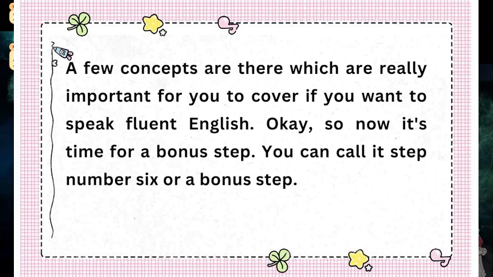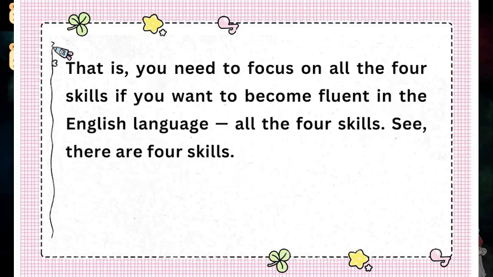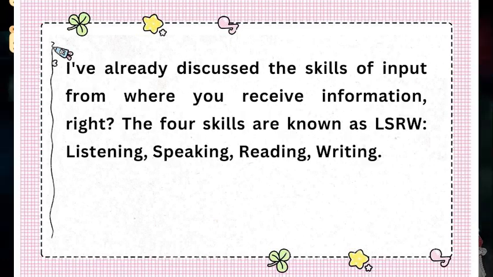Okay, so now it's time for a bonus step. You can call it step number 6 or a bonus step. That is, you need to focus on all the 4 skills if you want to become fluent in the English language. All the 4 skills. See, there are 4 skills. I've already discussed the skills of input from where you receive information, right?